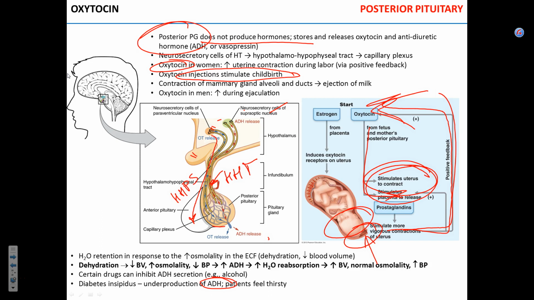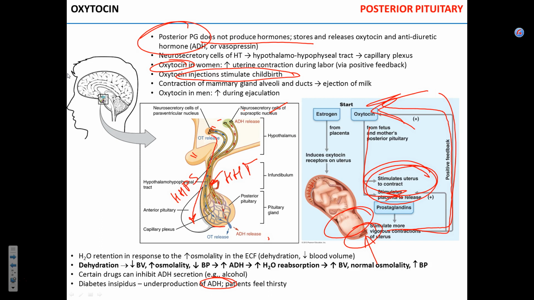So, oxytocin is necessary for breastfeeding. Before, we mentioned the hormone produced by the anterior pituitary called prolactin. I don't even mention what it does because it's so obvious, right? It stimulates the production of milk. But it turns out that milk produced in the mammary glands cannot be released without the action of oxytocin.